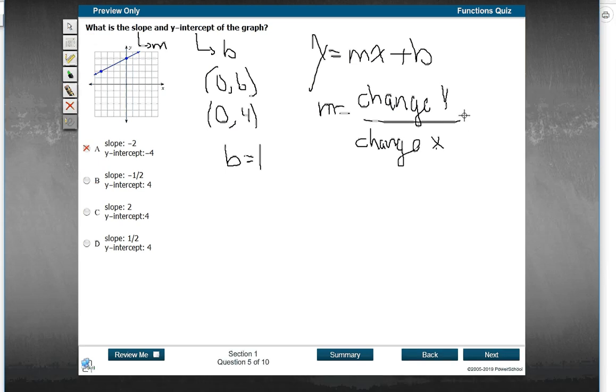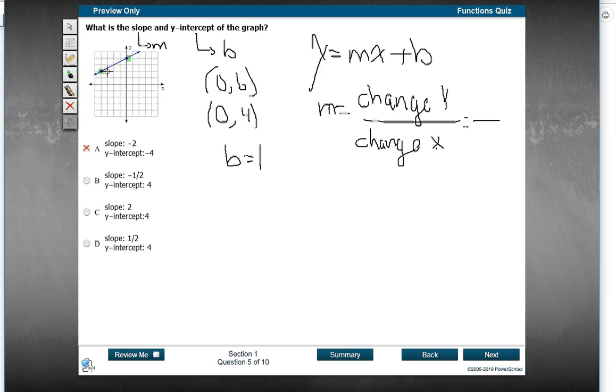So how many spaces, again, I can start at any of these points. It gives you 2 points, super simple. So let's see, going from this point to this point, how many spaces am I moving? So let's find out our change in x. Again, that's going to be our denominator. Always make sure it's a ratio. So I'm going from left to right.